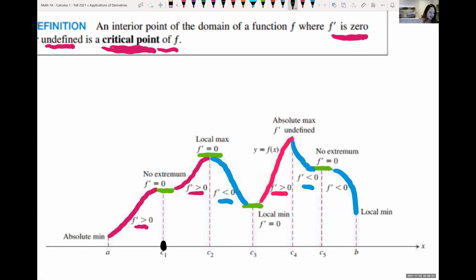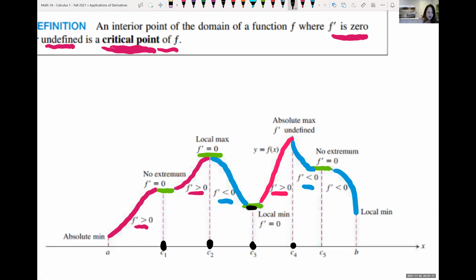And so in this value here, C sub 2, if we test on the left side, we would get a positive value for our slope. On the right-hand side of C sub 2, testing a value, we get the slope was negative, and so we could see that that's a max. Decreasing to increasing, we're going to have our min at C sub 2.